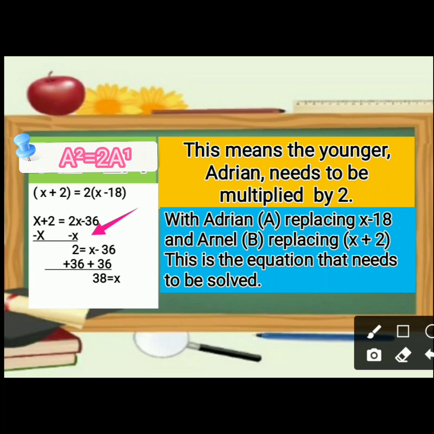We need to clear the negative 36, so add 36 to both sides. Then we have our solution for X. Our X is 38. So we have found out that X is 38. Let's proceed.